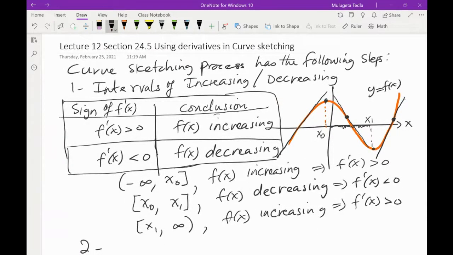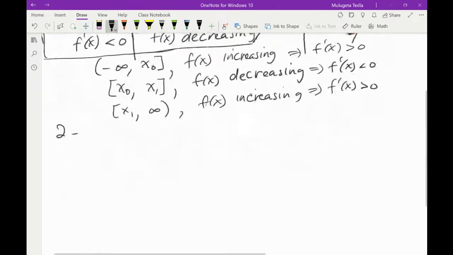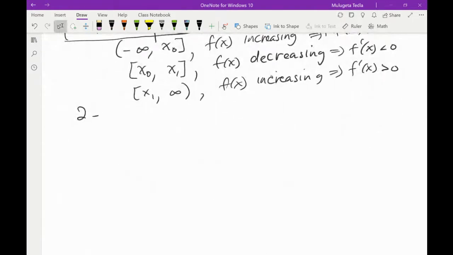Those are called local minimum and local maximum. So, finding the local minimum and maximum points.